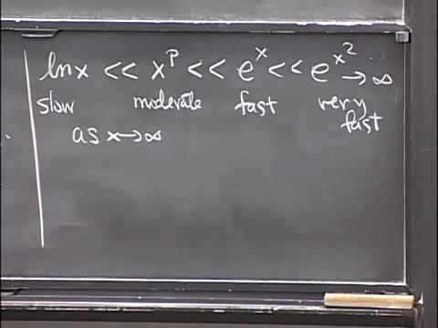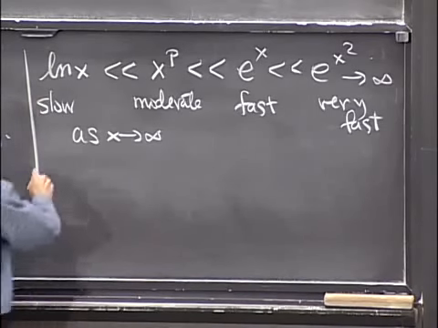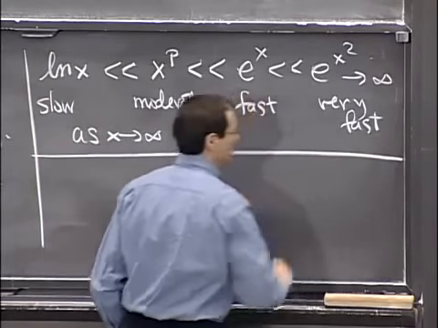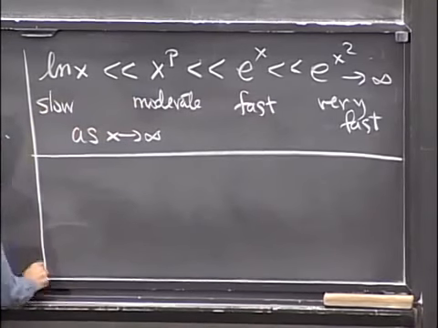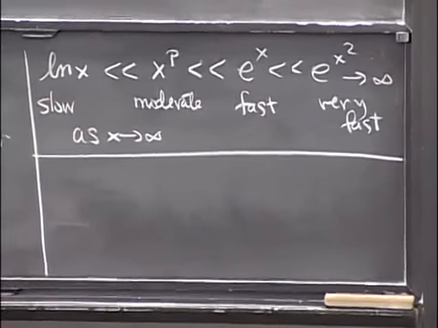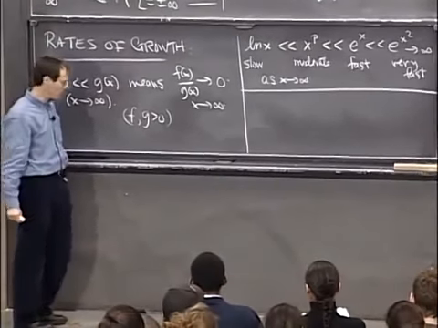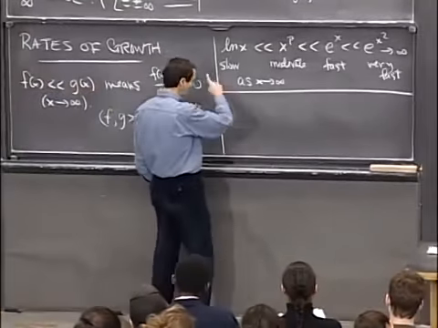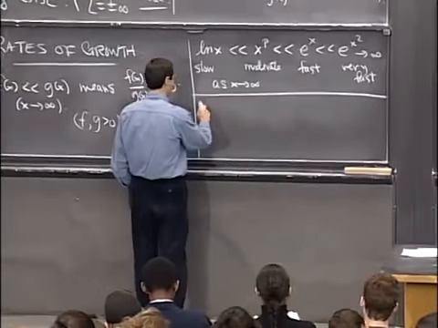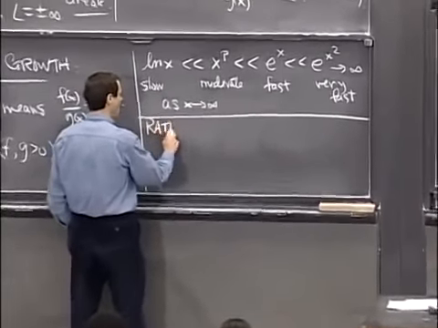And analogous to this, and today we're going to be needing to do this quite a bit, is rates of decay, which are more or less the opposite of rates of growth. So rates of decay are rates at which things tend to zero.